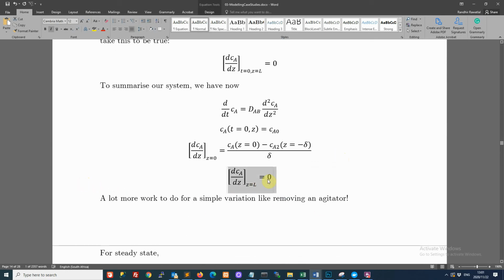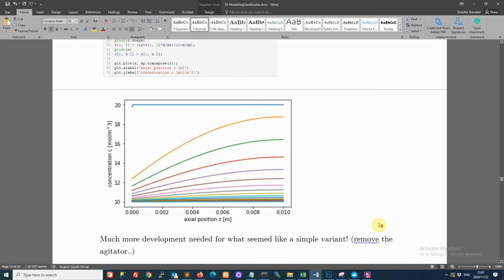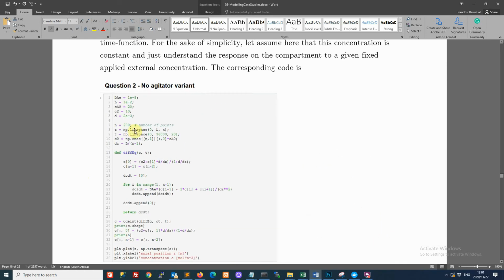I did use a flat gradient here, and you'll see in the results that what I've set up is that we have initially a concentration of 20 everywhere, and across the interface, on the other side of the membrane, in the other compartment, the concentration was fixed at 10. So we were initially 20 in this compartment, and then we were exposed to 10 just on the interface.